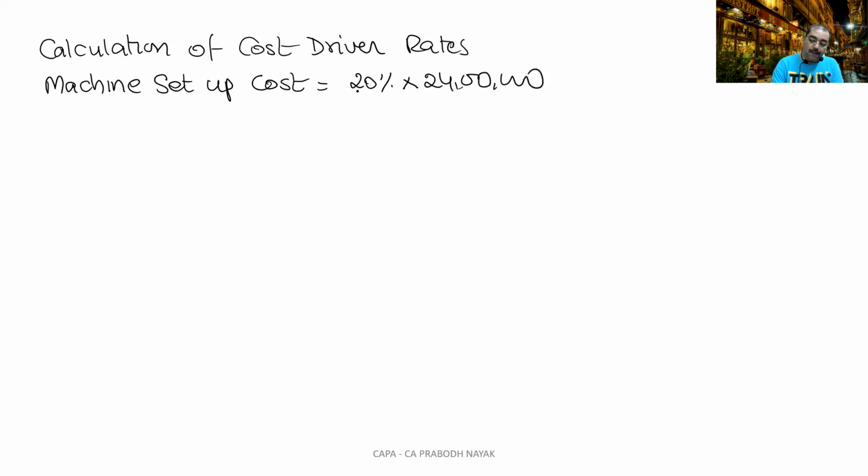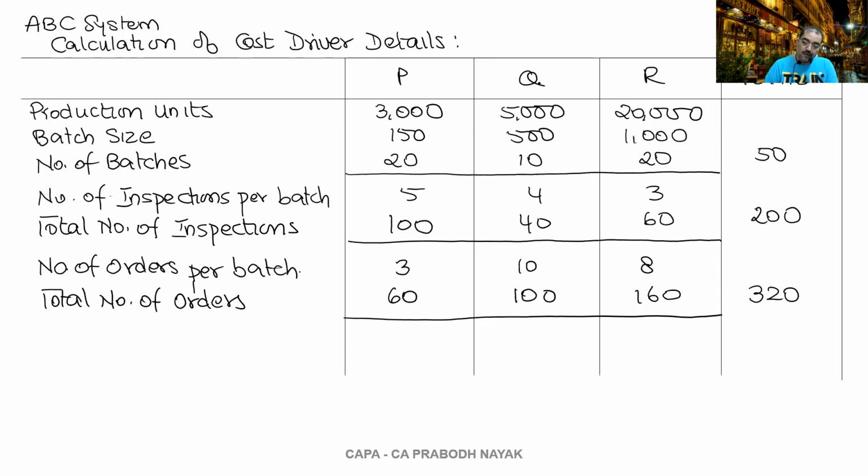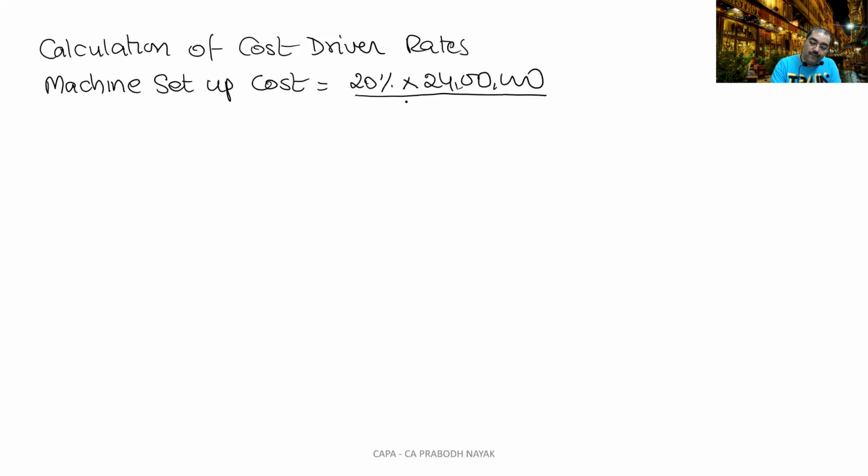This divided by, on the basis of what? Machine setup cost will be on the basis of number of batches, because we don't have any other cost driver here. Number of batches is 50. So 20% of 24 lakhs will be 4 lakh 80 thousand. 4 lakh 80 thousand divided by 50 is 9,600.